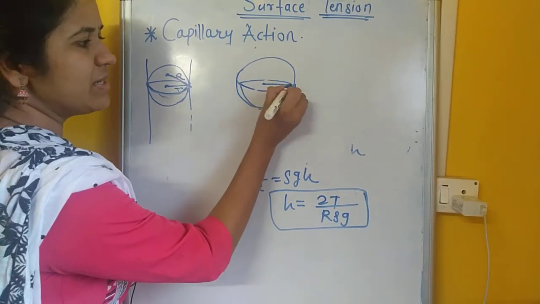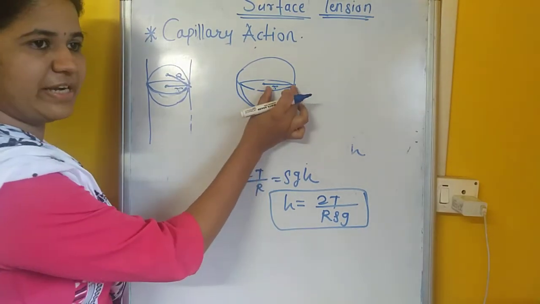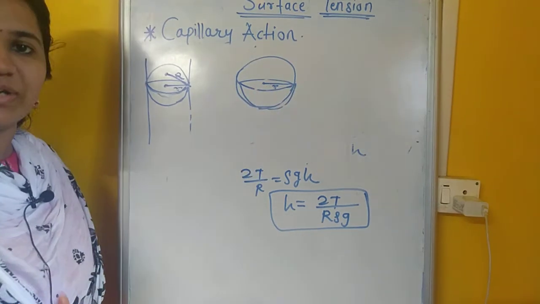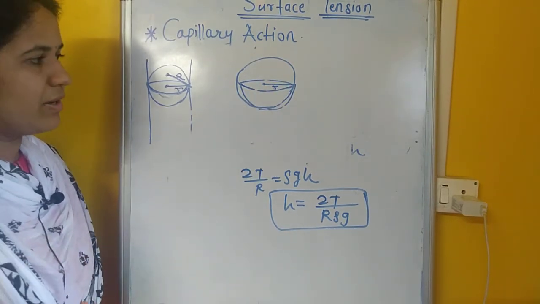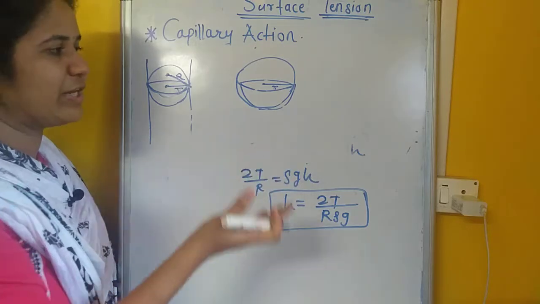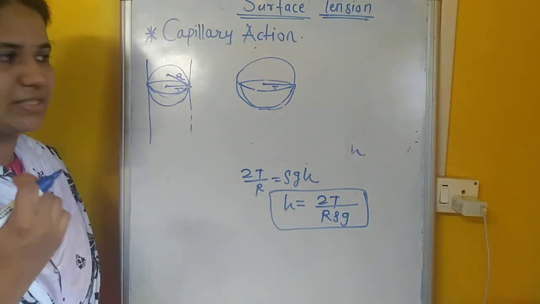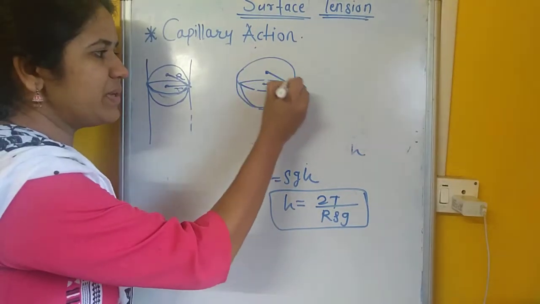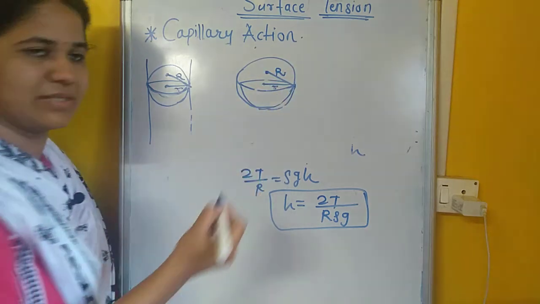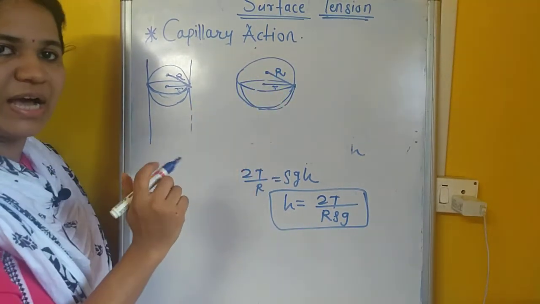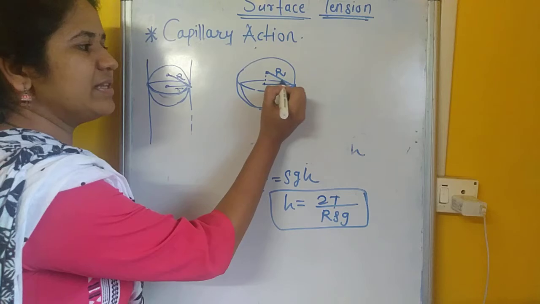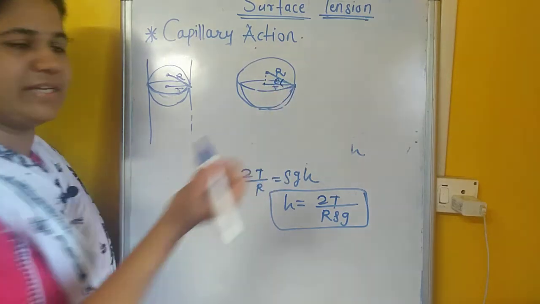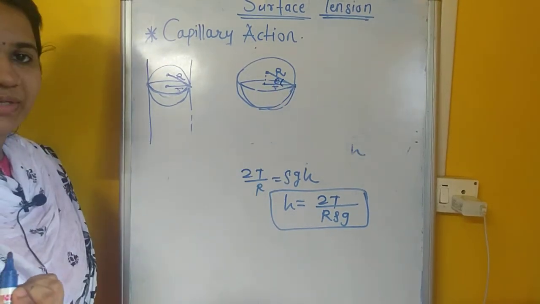For example, this is the shape. So this small r is the radius of the tube. We can easily calculate it by physics equipment. So the diameter of the tube we can measure, half of it gives the radius. And this is the radius of meniscus. So how to calculate this R? This theta is the angle of contact between them.